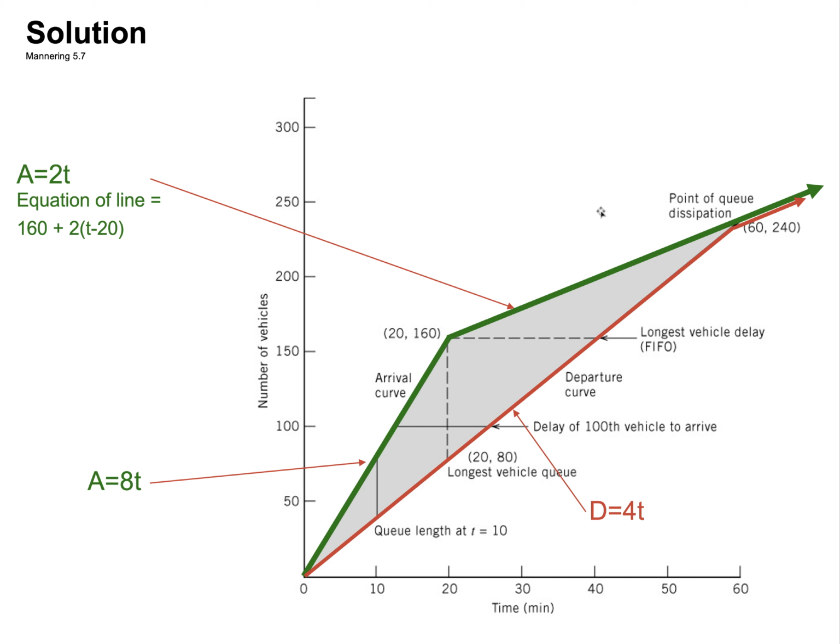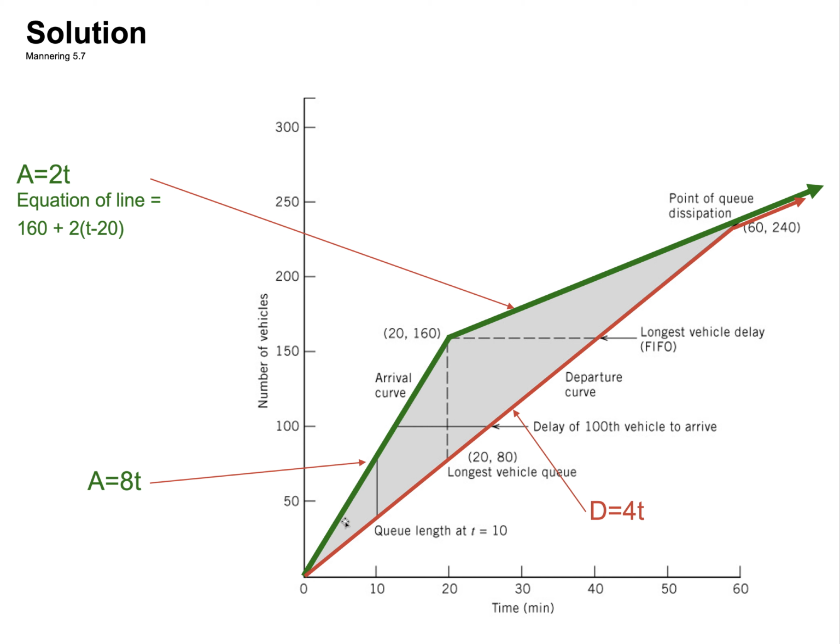So essentially, starting at t equals 60, the vehicles are being served just as they arrive. So there's no delay, and because the arrival rate is lower than the service rate, 2t is less than 4t, there's actually excess capacity starting at t equals 60. But let's take a look at this diagram and see some of the components.